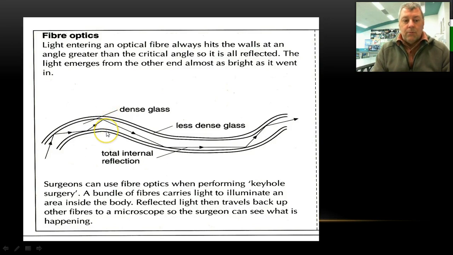It's also why computer systems use them in networks. So what is it? Well, it's a piece of glass, and the glass is silicon, and it's usually wrapped in plastic, and so you have a transition from more dense to less dense material. In this case they're showing it as layers of glass, but it doesn't have to be glass, it just has to be something less dense than the actual fibre optic cable.